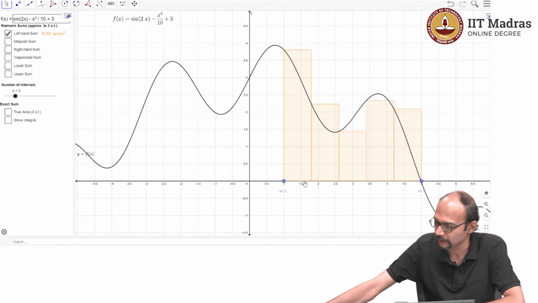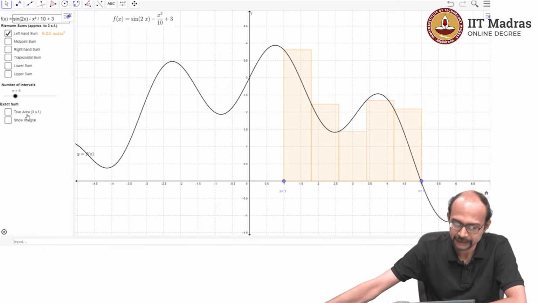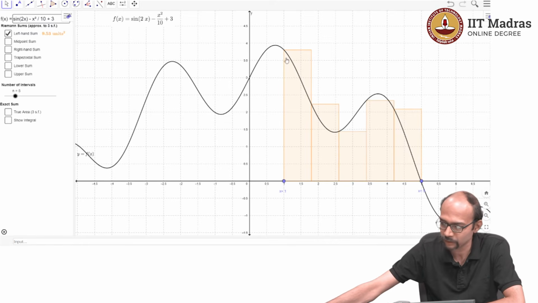That means delta x_i is 5 minus 1 divided by 5, so 4 by 5, that's 0.8. So your first interval is 1 to 1.8. Your second interval is 1.8 to 2.6, then 2.6 to 3.4, and so on. And now what we have here is our left hand sum.